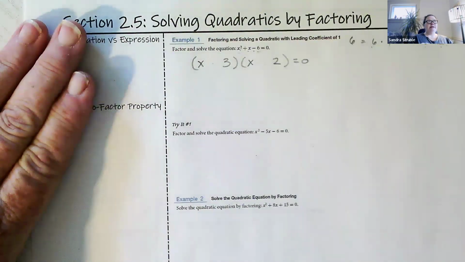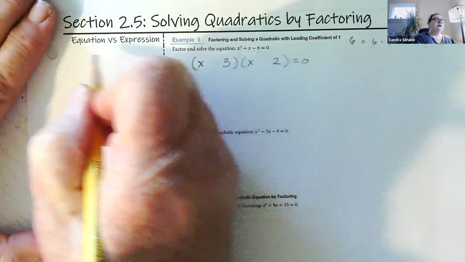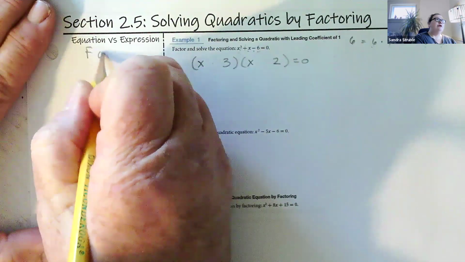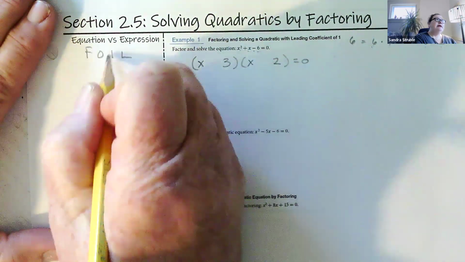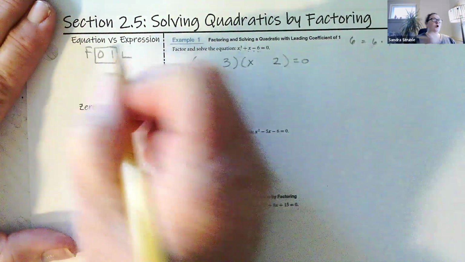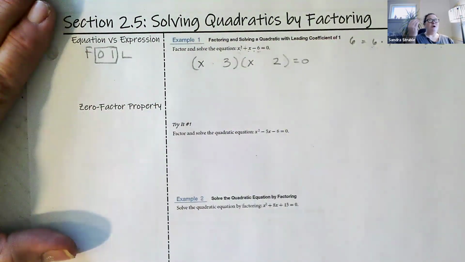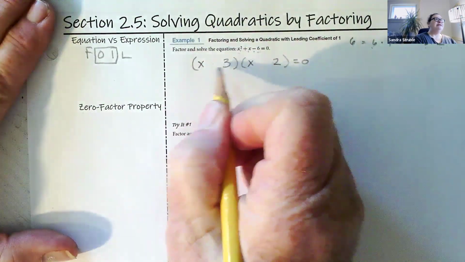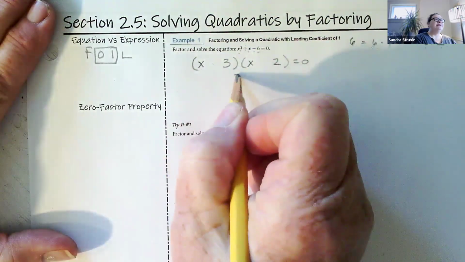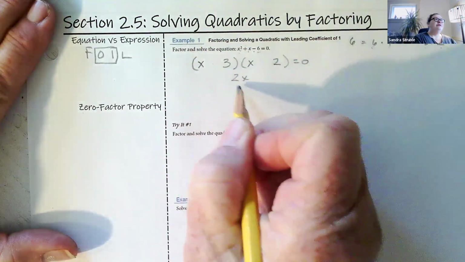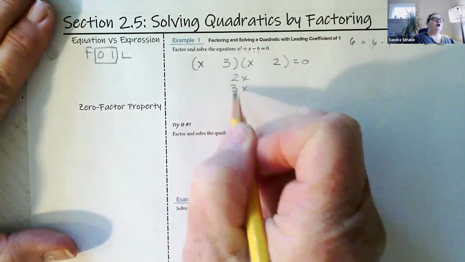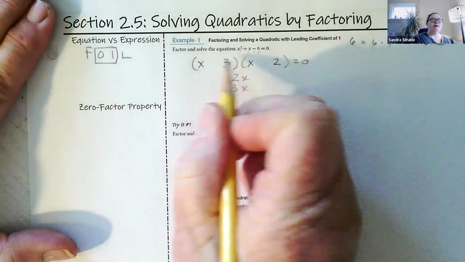Now, the best way I like to explain this is if you learned how to do the FOIL system, first, outer, inner, last. I like to use OI, because OI is just the outer 2x and the inner 3x. That's all we need to decide who gets what sign.